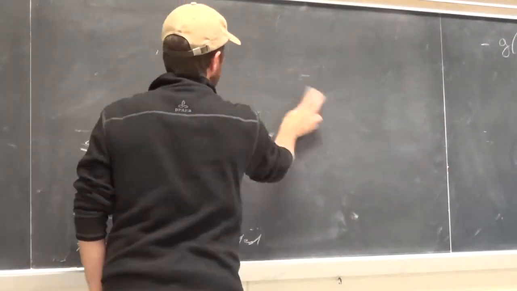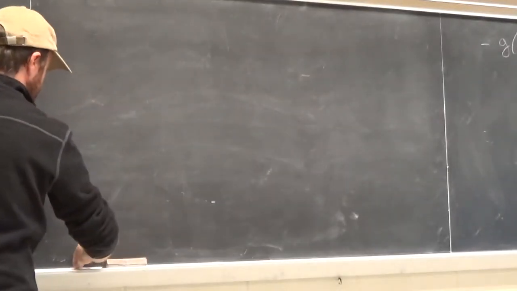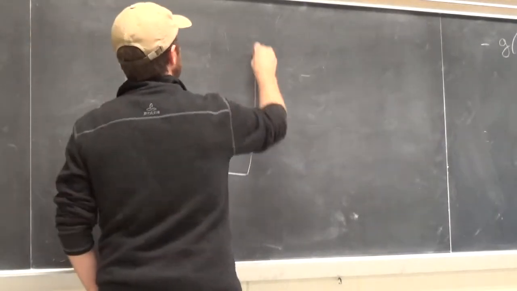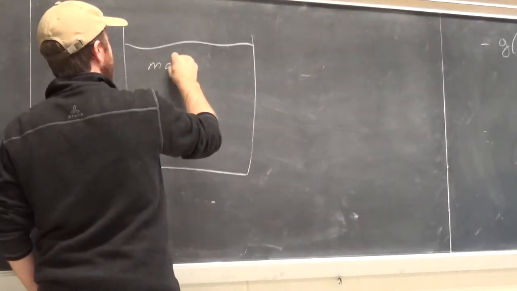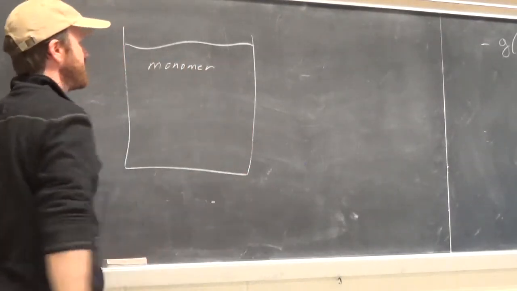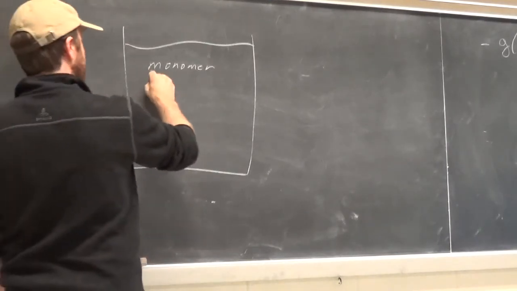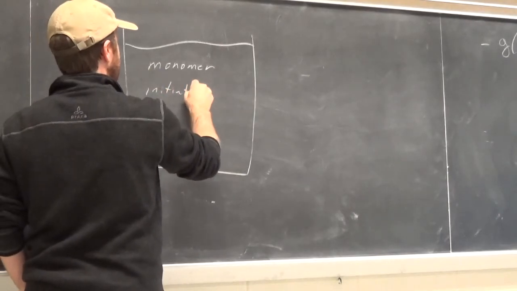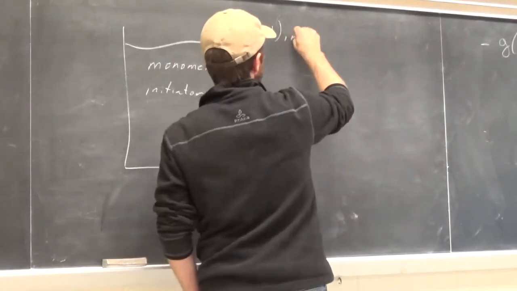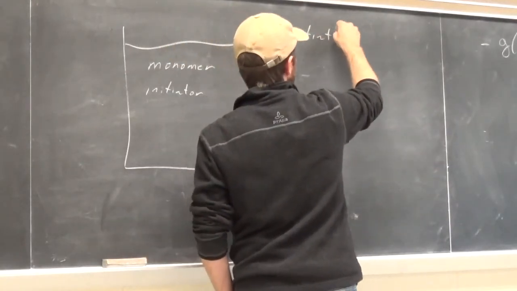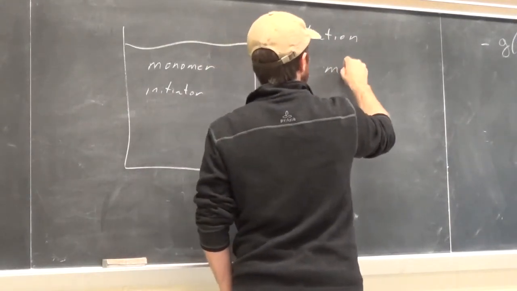What's the first step if we're going to do some sort of polymerization? When we start off a polymerization, we've got monomer. What else do we need to make a polymer? Some initiator, right? And so the first step is initiation, where some sort of initiator reacts with the monomer.